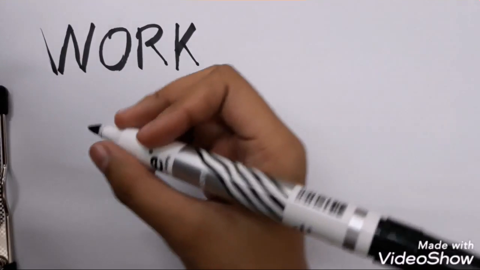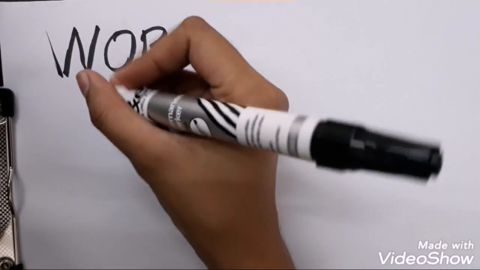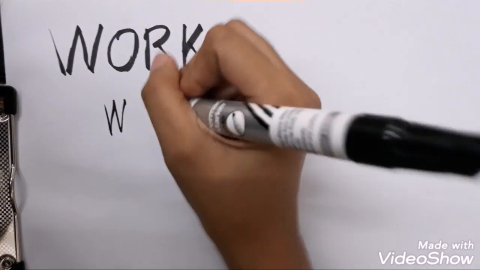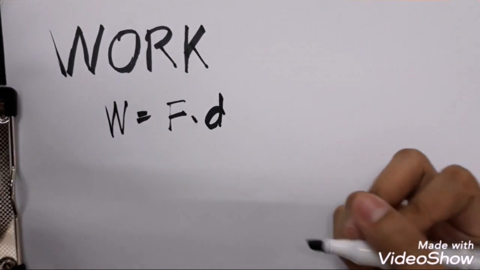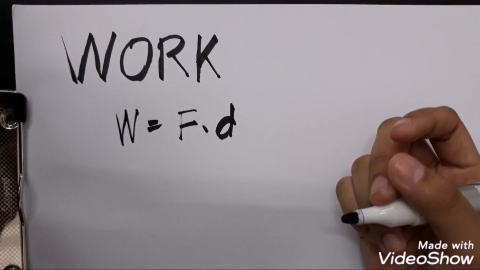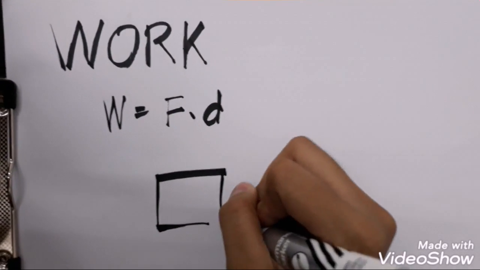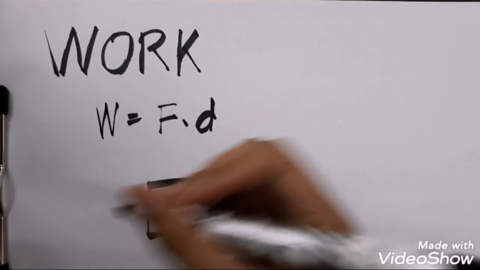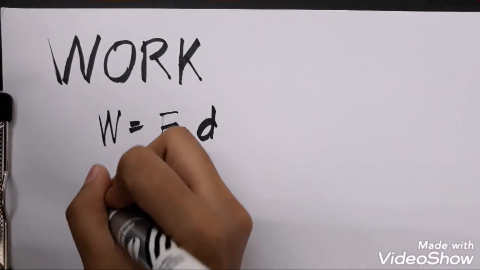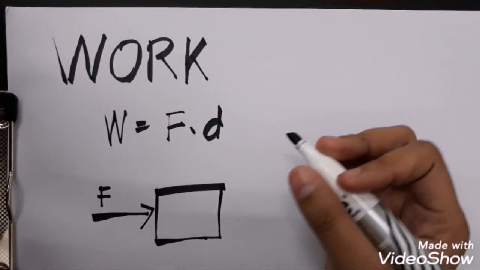Work is calculated by multiplying the force by the amount of movement of an object, or its displacement. Work is equal to force times displacement. Let's say you have a box, and you apply force to the box in the x direction and it has a displacement in that direction, the work will be positive.